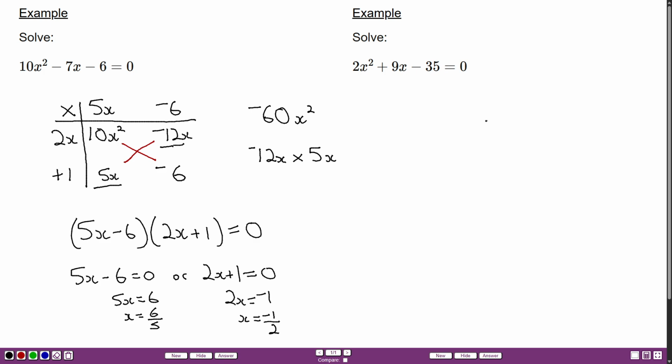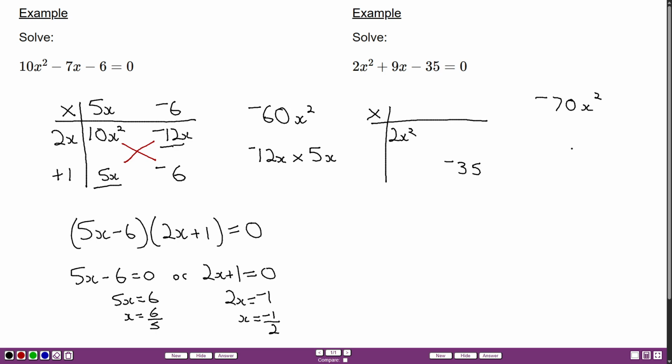Okay, again, it's a tricky one to factorise, so let's set out our grid method. Let's place our 2x squared here, and our negative 35 down here. And when we find the product of that, we get negative 70x squared.